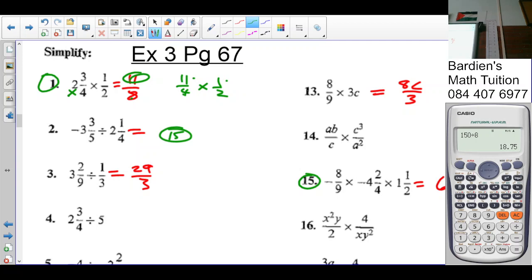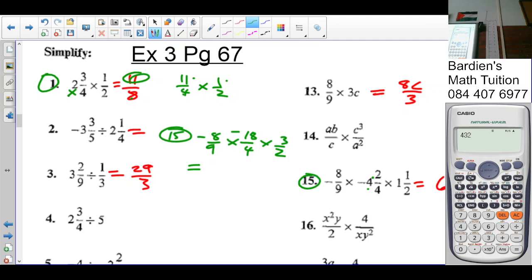I said negative 8 over 9, times negative 18 over 4. That's 16 plus 2 is 18 over 4, which is correct, times 3 over 2, which is correct. Then I got 432. Now you see, you multiply. What must you do first? Simplify. Can you see that? So you got 432.